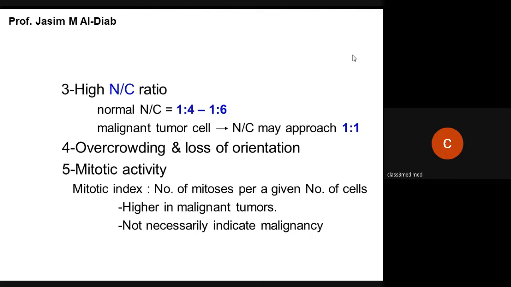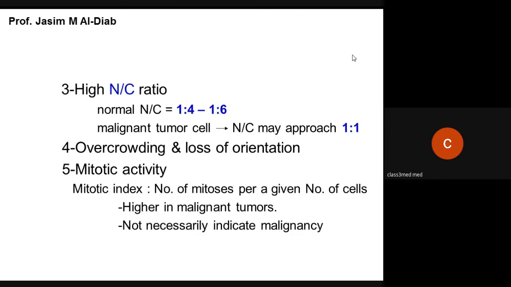And each tumor has its own mitotic index. For example, to diagnose leiomyosarcoma of the uterus, what is leiomyosarcoma? Smooth muscle.